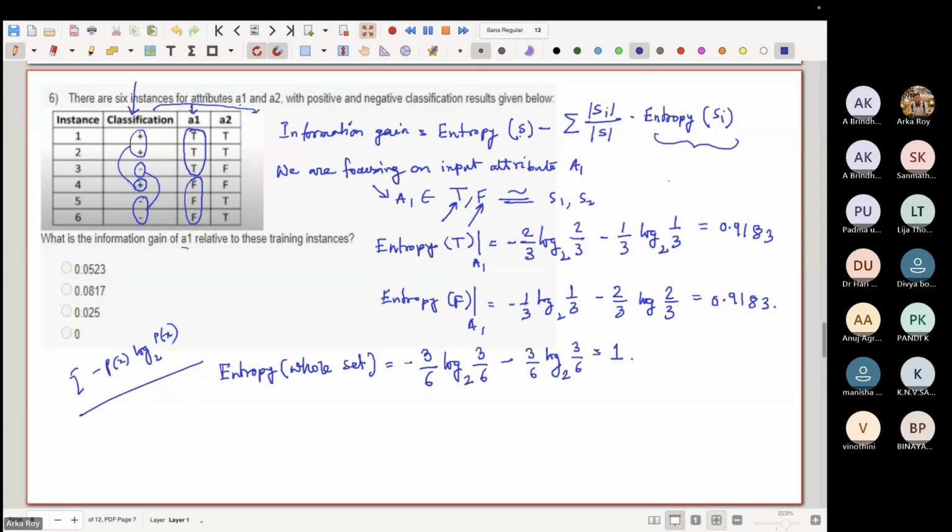So now we have found out the 2 major components, E of S and E of Si. Now let us try to write the information gain.